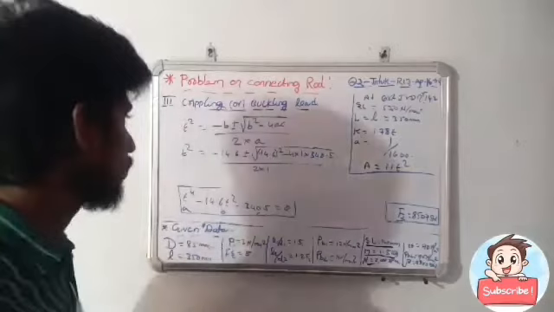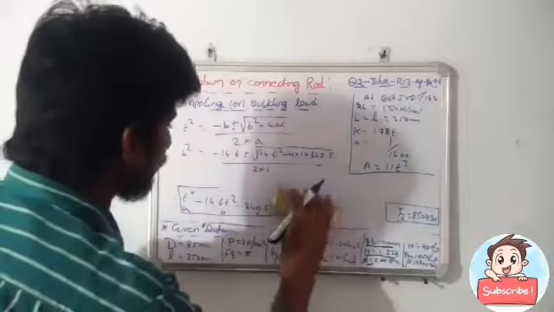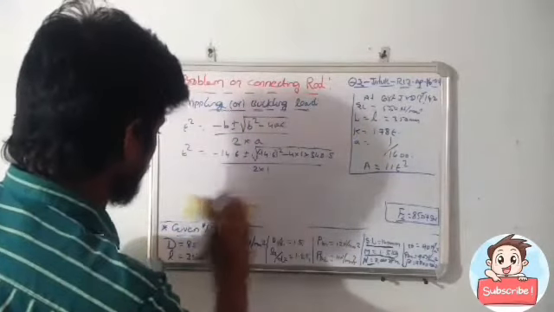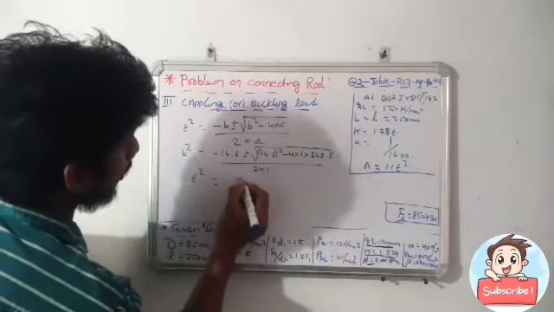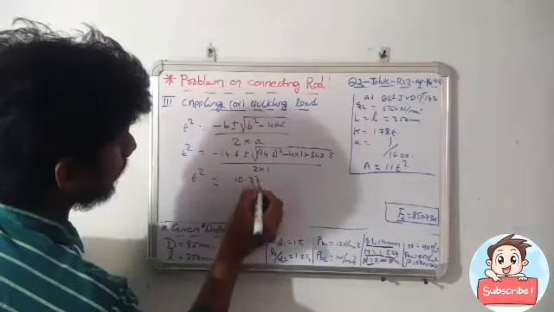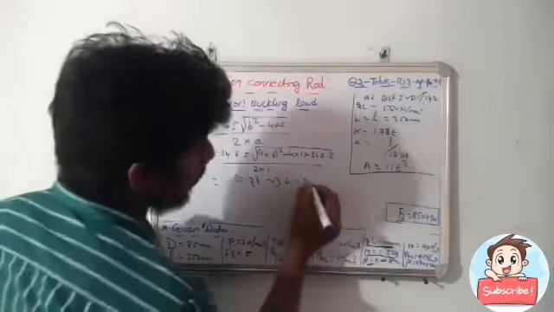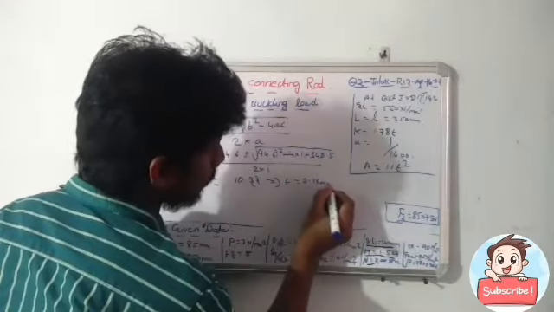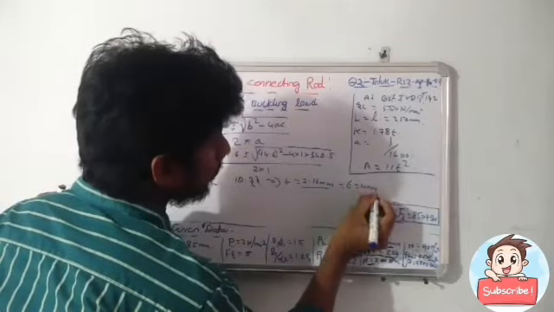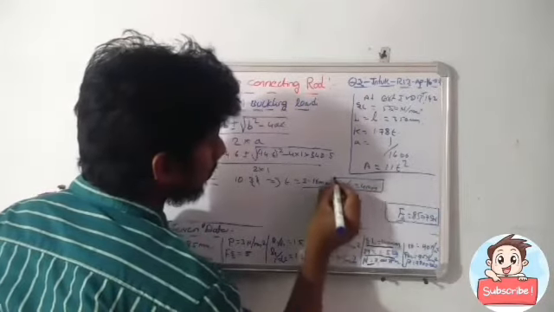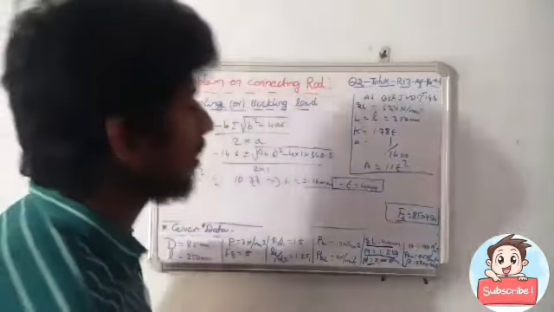So by simplifying this one, we get the value of t square equal to 10.33 something. From this one, t equal to 3.16 mm. So to be safe, take t equal to 4 mm. So this is about the thickness of the connecting rod, web or maybe flange.